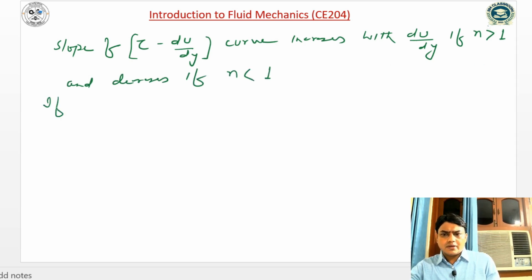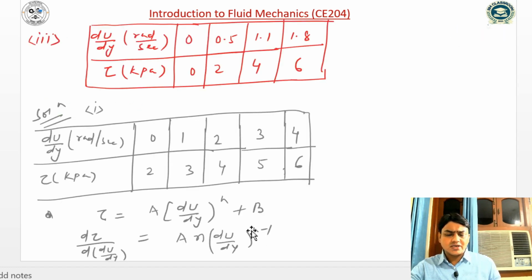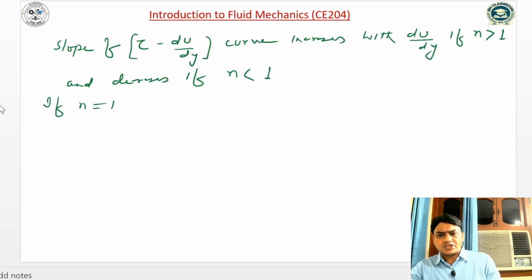If n is equal to 1, the slope will be constant.